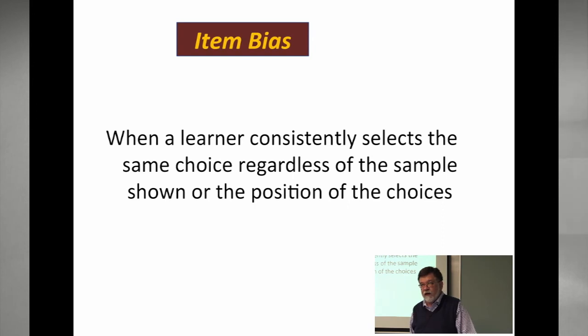So no matter what other symbol you pair with that, I'm still going to try to select the Snickers symbol. There are ways to get learners out of item bias responses in terms of limiting reinforcers that are available for periods of time while I'm working on an alternative symbol. But that'll probably be for another week for us to talk about.